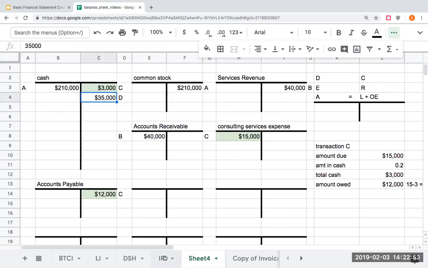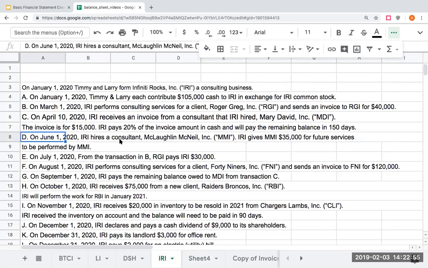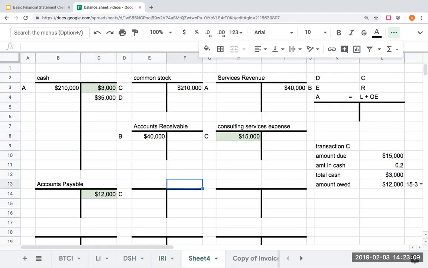Now, is this consulting services expense? I have hired them, but they have not yet performed the work. I'm giving them an advance. So what we're going to call this is going to be called prepaid consulting services.